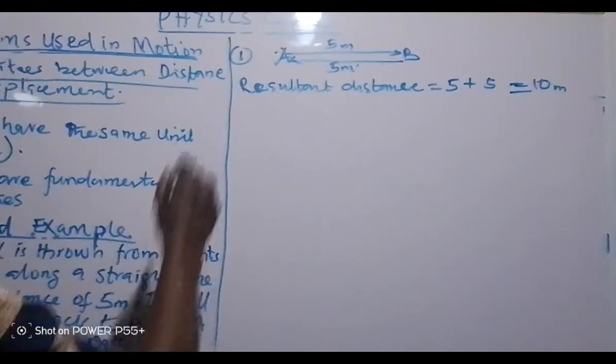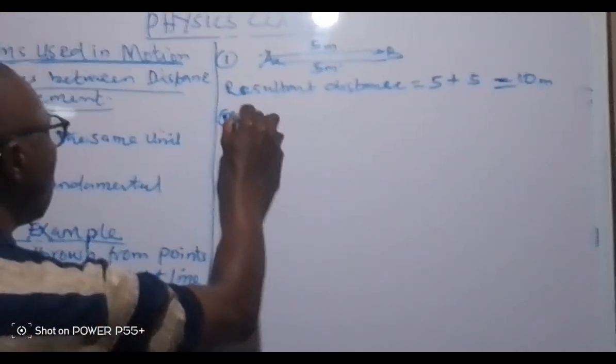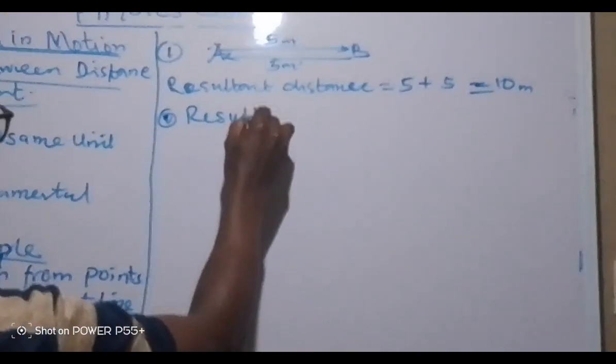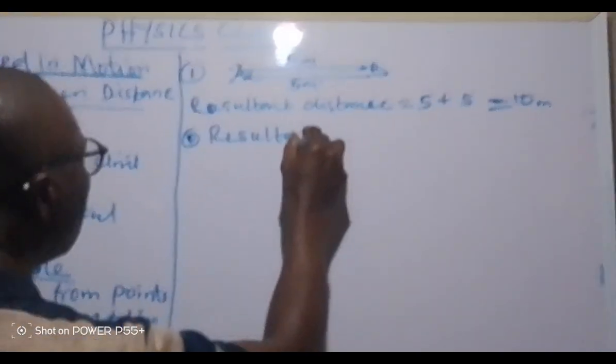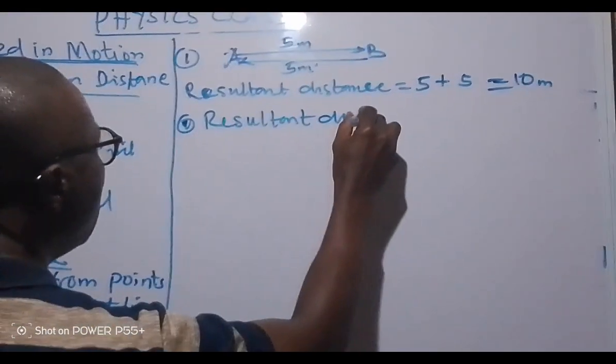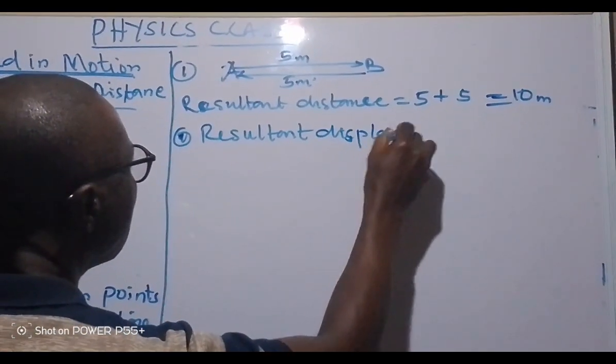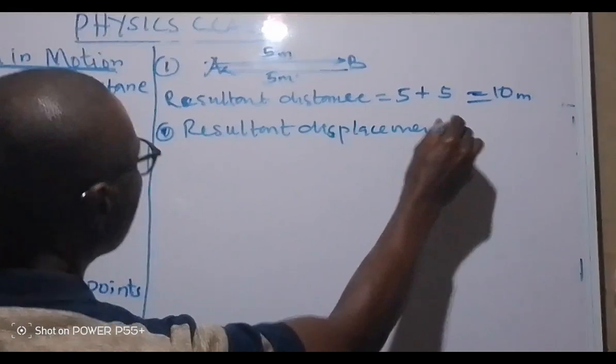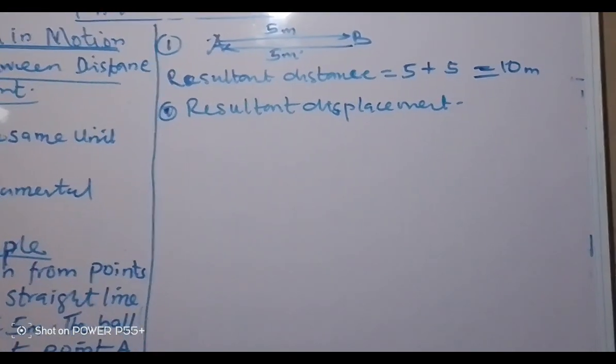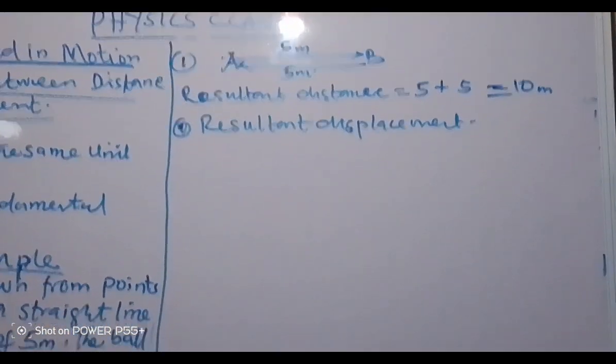But in case of resultant displacement, displacement on its own is a vector quantity.